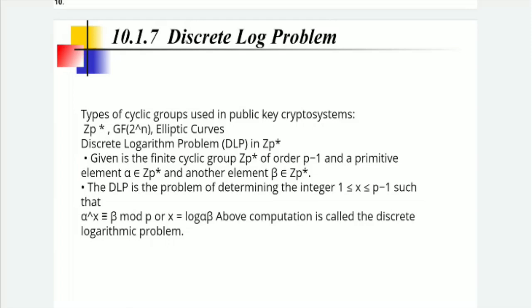The DLP is the problem of determining the integer x, ranging from 1 to p minus 1, such that alpha to the power x is congruent to beta mod p, or in other words x equals log beta base alpha. The above computation is called the discrete logarithm problem.